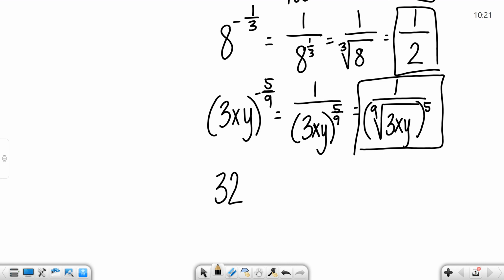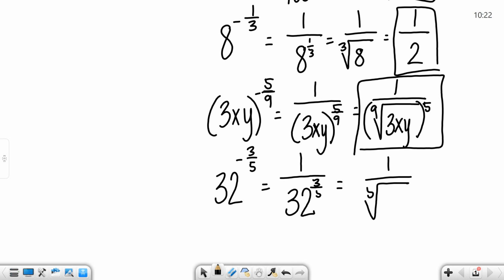Let's do one with just numbers again. All right, 32 to the negative 3/5. That negative exponent means put it in the denominator, and it will become a positive exponent. Now we take the 5th root of 32, and we take that answer and cube it.